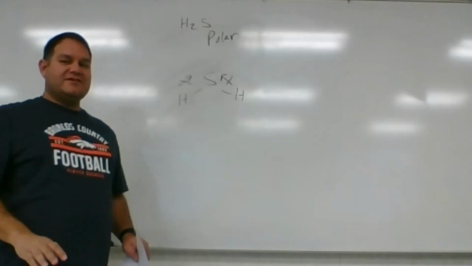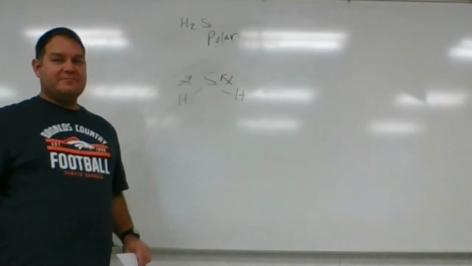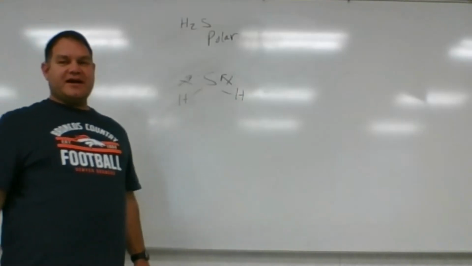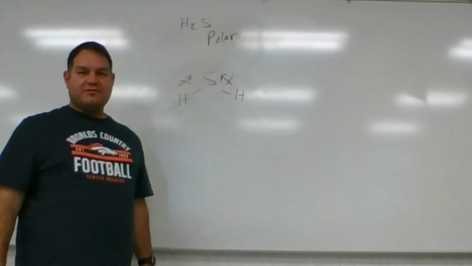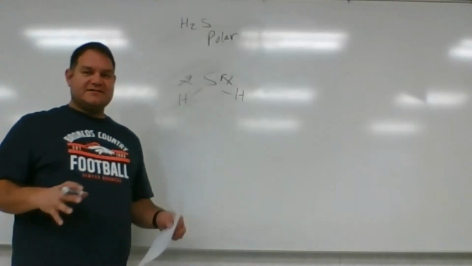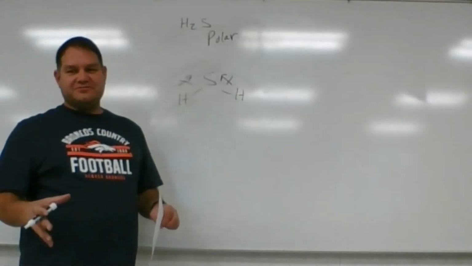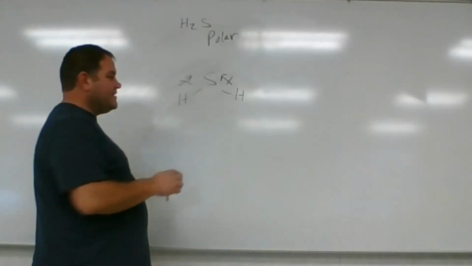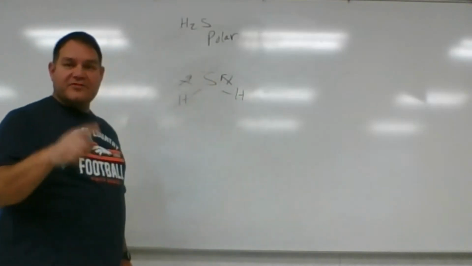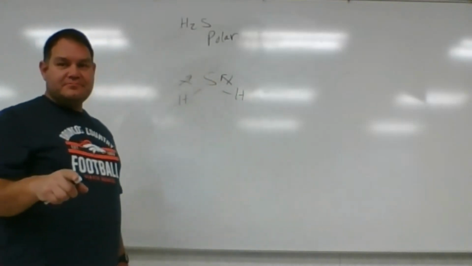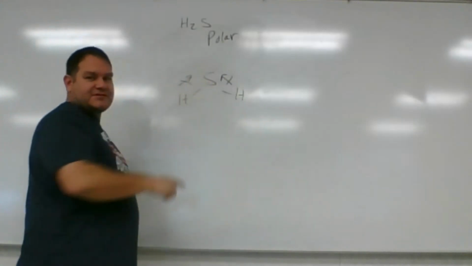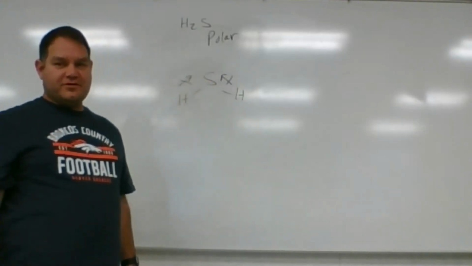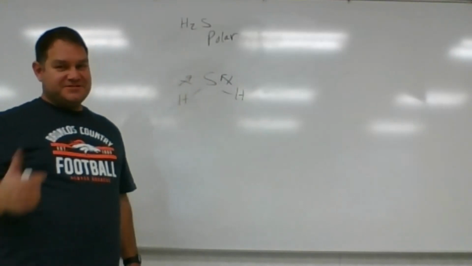Now, this works most of the time, not all the time, but pretty much most of the time. If you're ever in trouble about the polarity and you're trying to decide if it's polar or not polar, and you're just not sure, here's something you can think about. If there are lone pairs on the central atom, the molecule is usually polar. It's just a little hint.